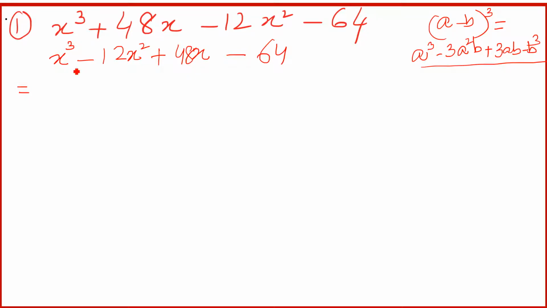The condition of polynomials is that the variable should be the same. So this is x, x, x, but with different powers or different exponents. So you have to arrange in order. Always write down the highest power, which is called the highest degree, first. This is the third degree, then second, then one, and then constant. If you forget how to arrange, always keep in mind the highest exponent will come first, then this is square, then this, because there is no exponent, it means it is 1, and then 64.